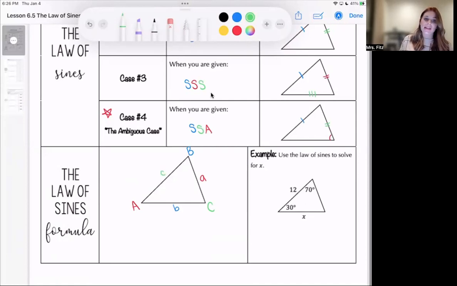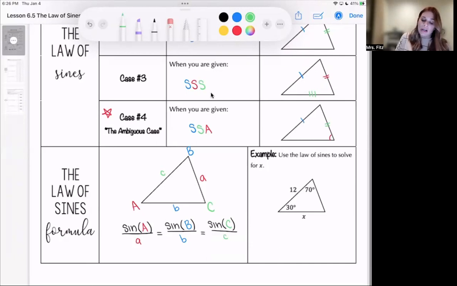Okay, so basically the law of sines is a ratio formula where sine of A, your angle A, divided by your side length a, should equal sine of B, angle B, divided by the length of side b, which should also equal sine of C, big C, over little c, which is the length of side c.